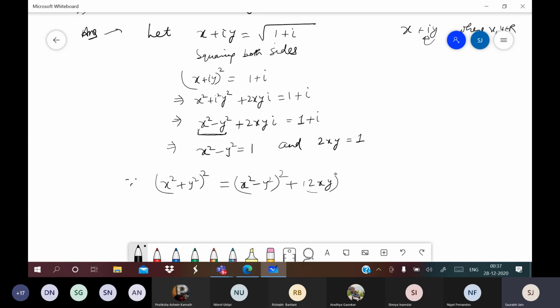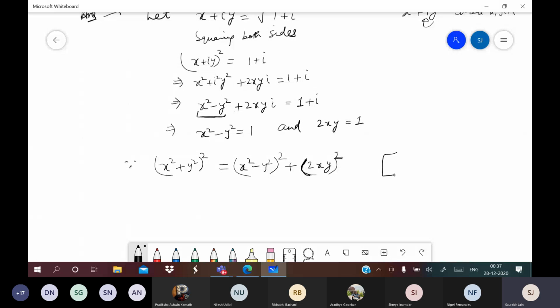Now what is this identity? This is (a plus b) whole square equals (a minus b) whole square plus 4ab. Okay, plus 4ab. So what is a here in this question?